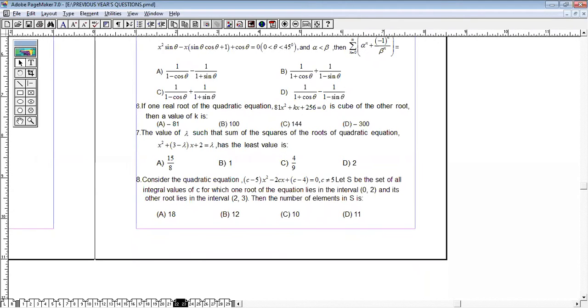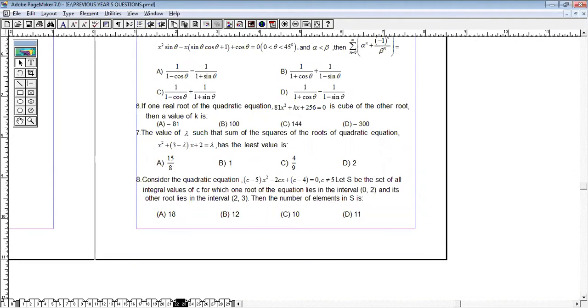One real root is the cube of the other. So we will take one root as alpha, and the other root will be alpha cube. So let alpha, alpha cube be the roots of 81x squared plus kx plus 256 equals 0.